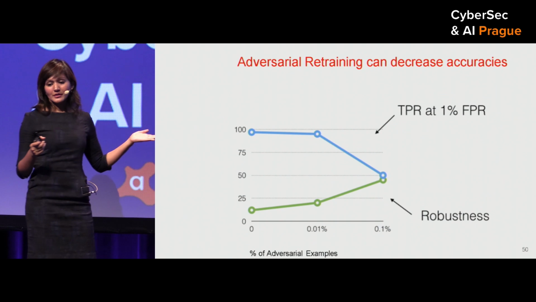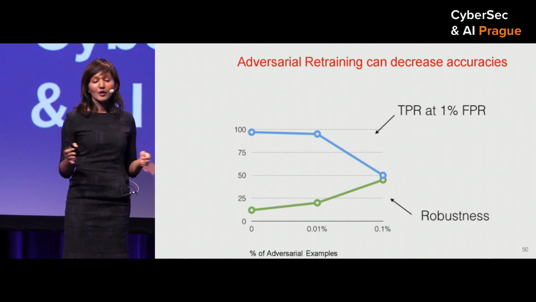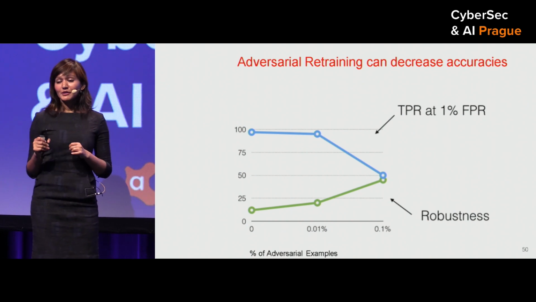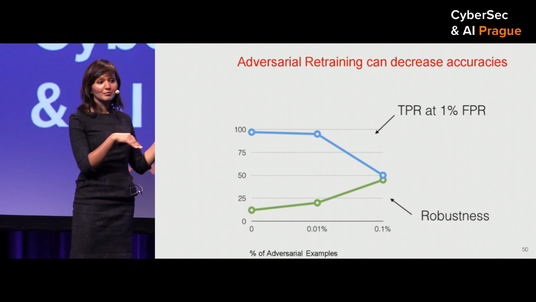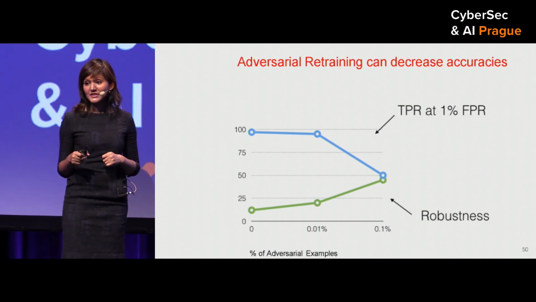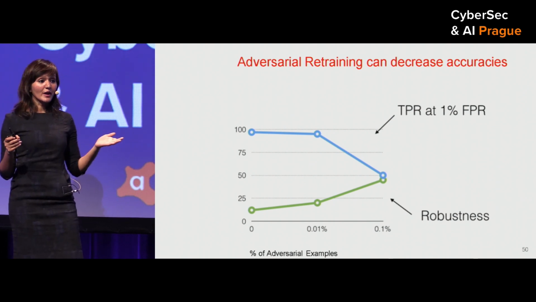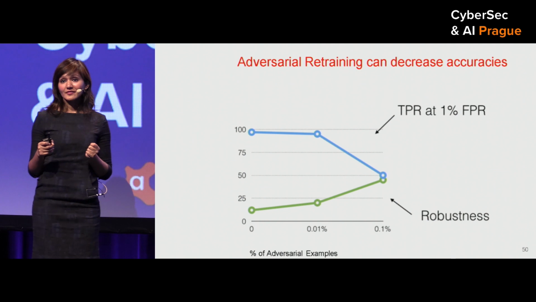Without any adversarial example, the classifier is very accurate, 97% accurate, but it's also very brittle. You need to change only 10 pixels to change the classifier's decision. After you add about 0.1% adversarial examples, the classifier's robustness increases, but it also decreases the accuracy of the classifier.